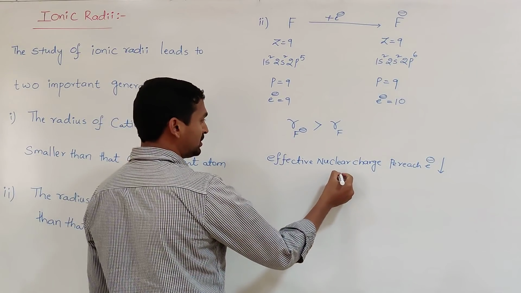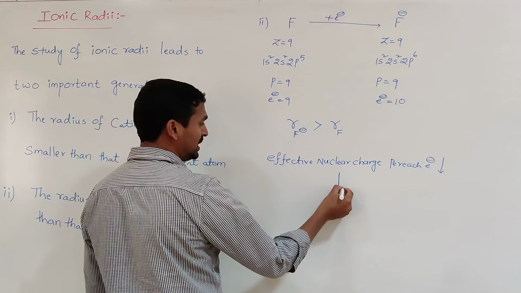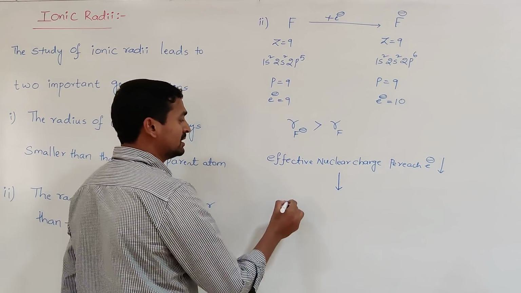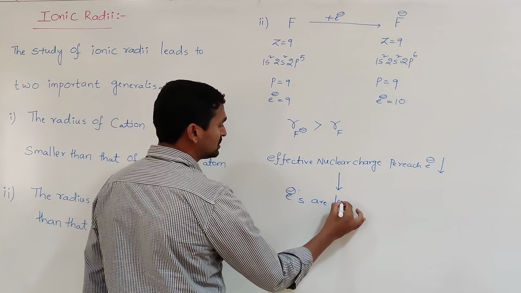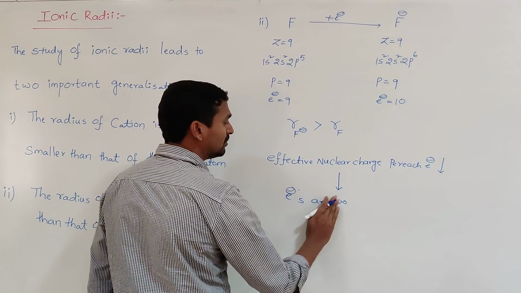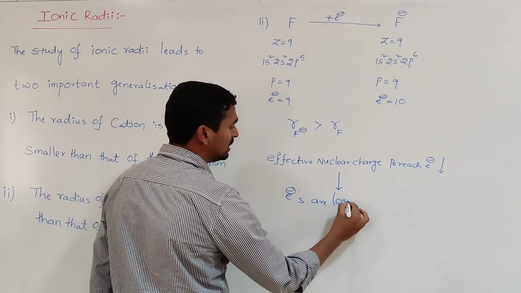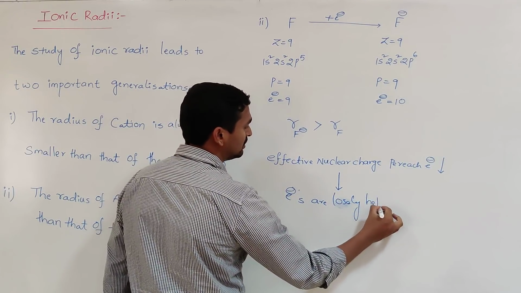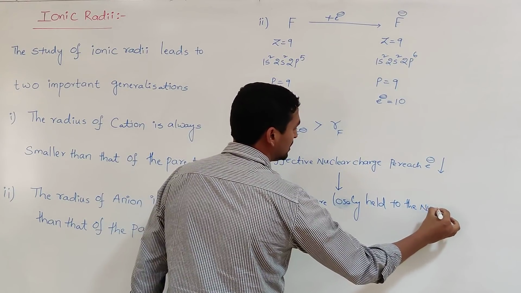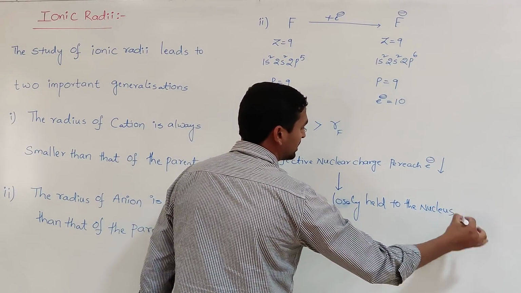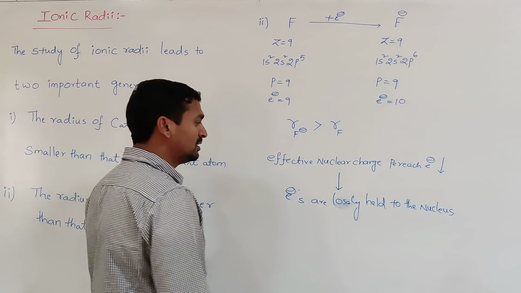Whenever the effective nuclear charge for each electron decreases, the electrons are loosely held to the nucleus. That means they are not strongly attracted toward the nucleus.